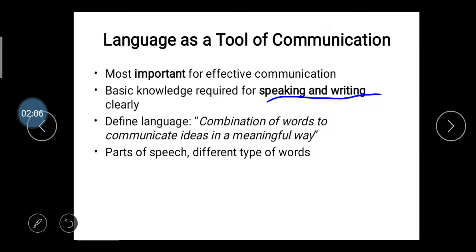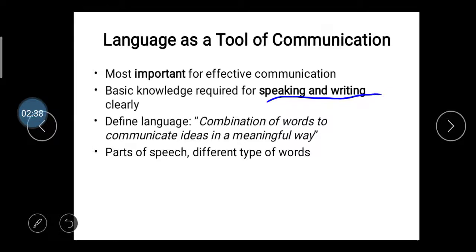Whatever knowledge you have, whatever you try to convey to your employees, to your boss, in the mindset of the sender, you have to be clear about what type of message you try to convey to them.